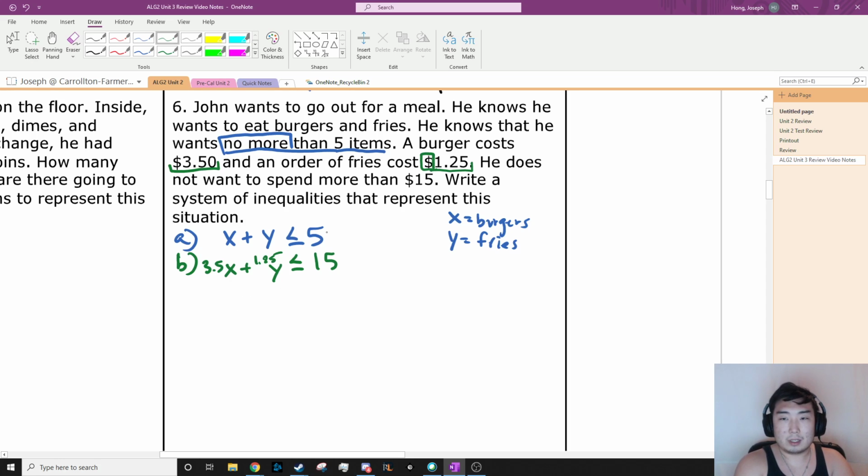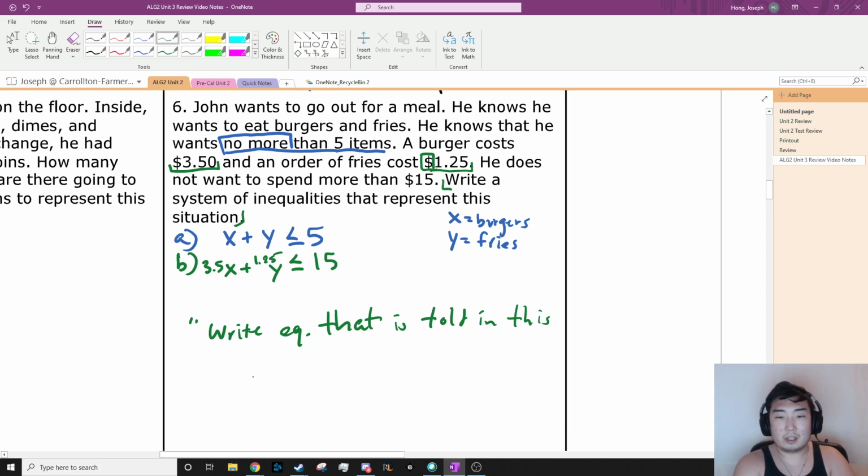Nice. Write a system of inequalities that represent the situation. So the question was really to write the equations that are told in this story, as in, do not solve.